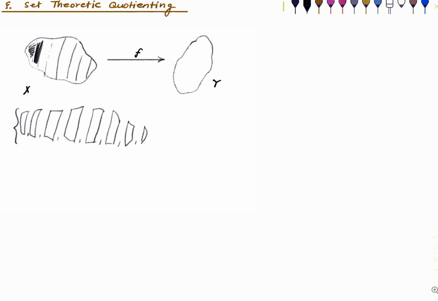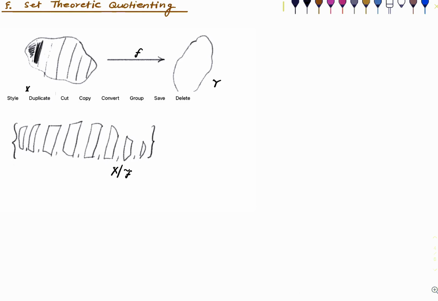This is a set which is nothing but the collection of all the fibers, non-empty fibers of f. So this is nothing but X mod the fiber relation. So that's a set that we can create.